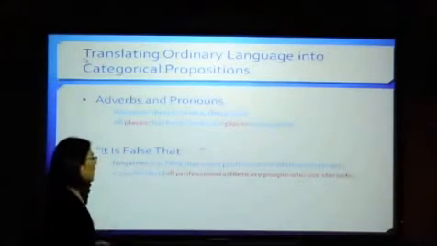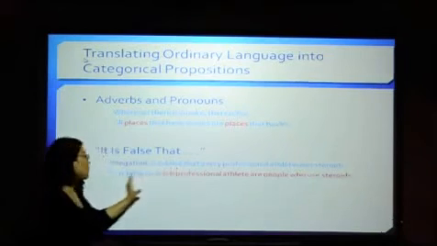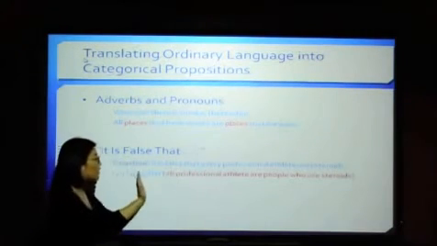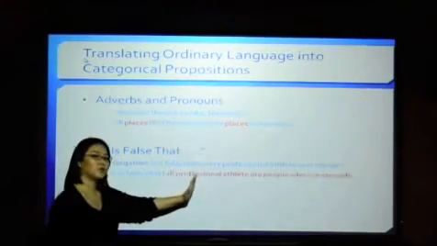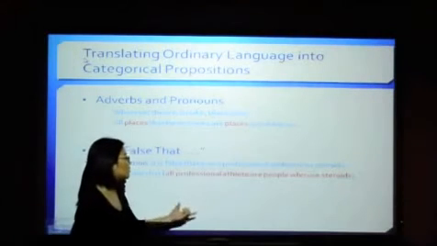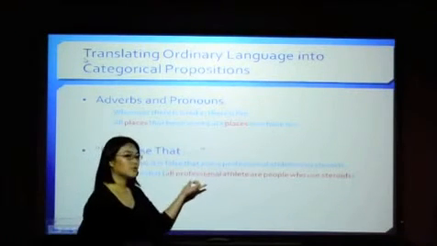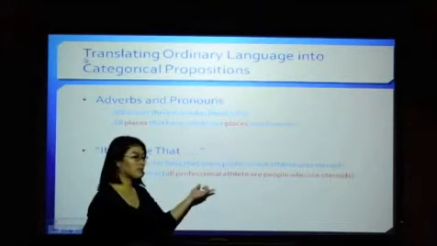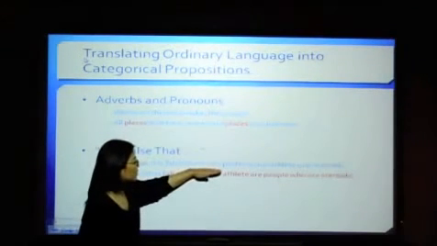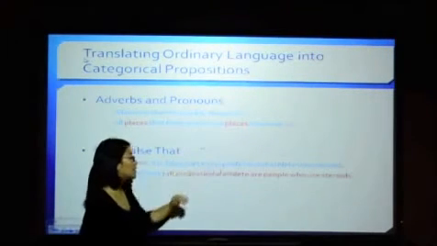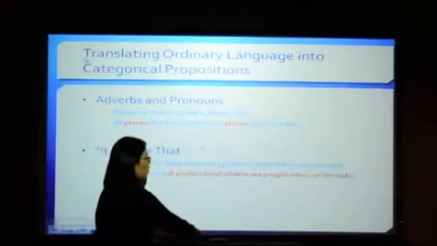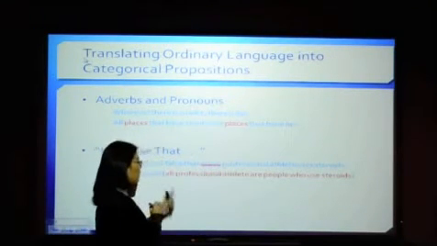Now notice how we've isolated the internal statement from the external statement. Then what we did was translate that internal statement into a standard form categorical statement, okay? The internal statement here in the ordinary language statement didn't have a quantifier, so it had every rather than all, no, or some.